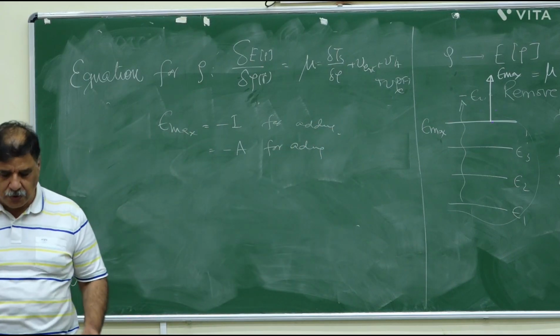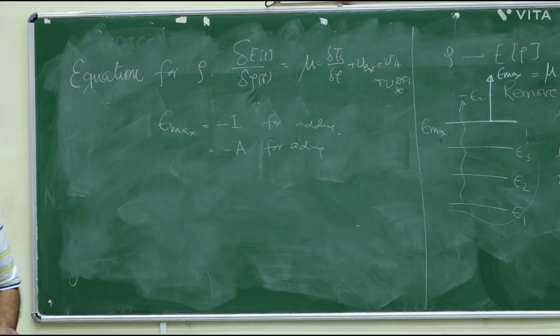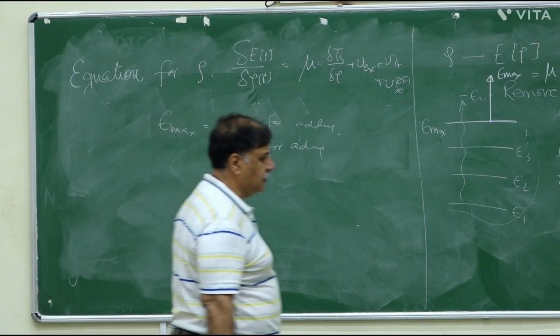So if you do a true Kohn-Sham calculation, the uppermost eigenvalue will give you minus I. These are the exact properties.